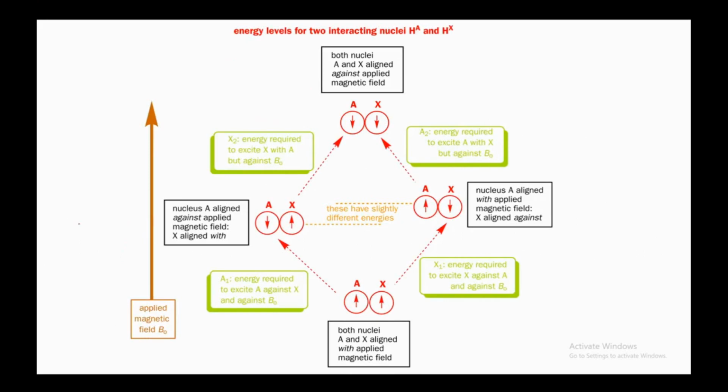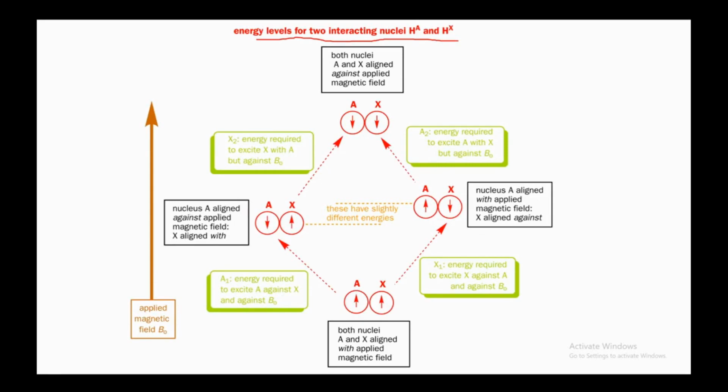With the applied magnetic field B naught, these are the energy levels for two interacting nuclei HA and HX. If you look at this, both nuclei A and X are aligned with the applied magnetic field, and this A1 is the energy required to excite A against X and against B naught.